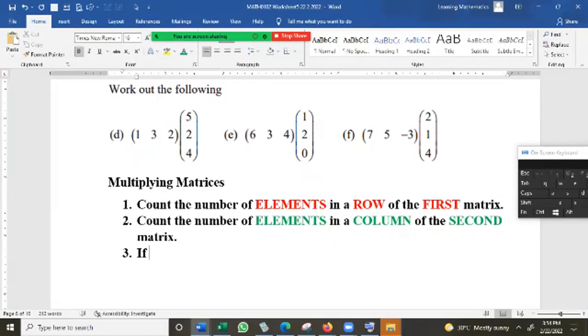If the two counts are equal, then multiplication is possible.